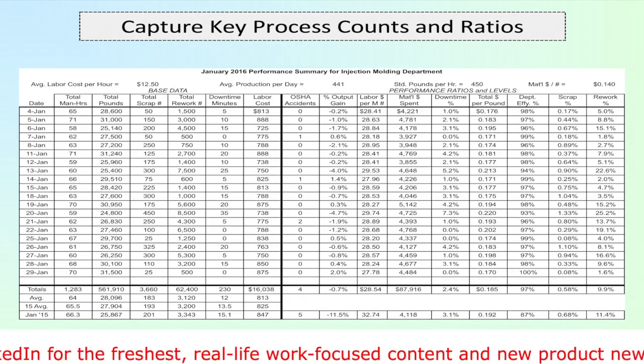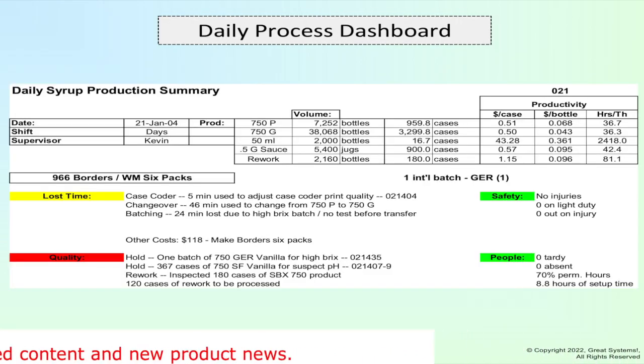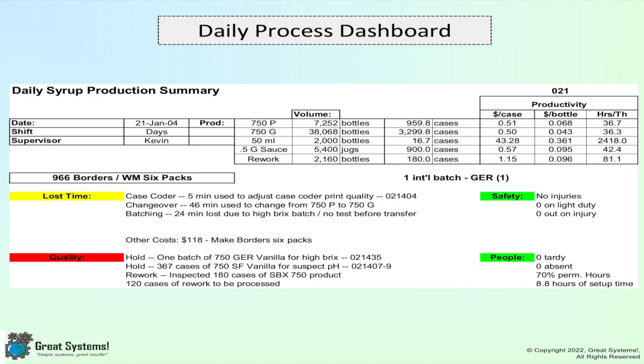The Daily Process Dashboard. Providing balanced performance feedback on a daily basis is perhaps the best way to develop an improvement-oriented work culture that focuses on all areas of importance. My experience has taught me that the phrase "no feedback, no motivation" makes a lot of sense.